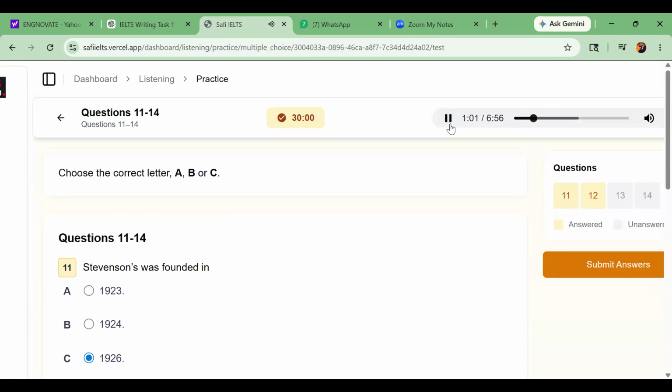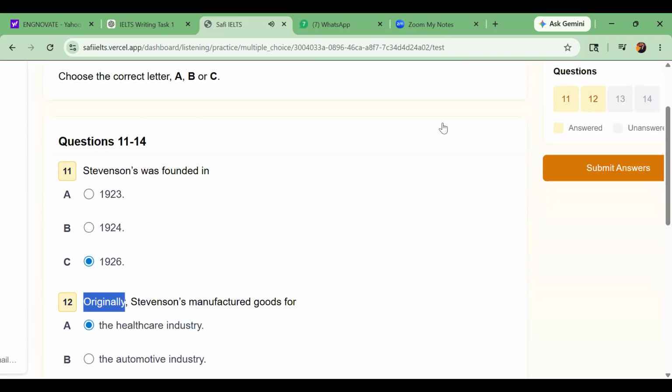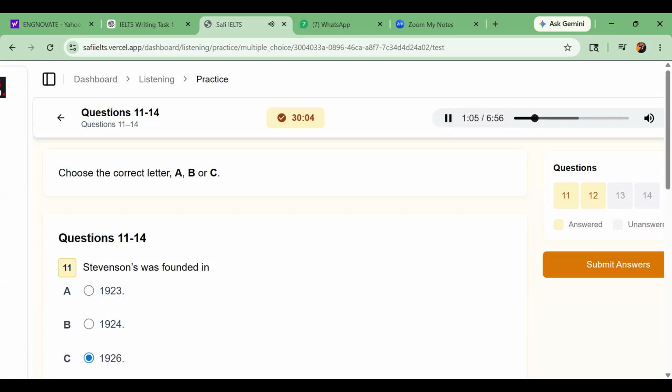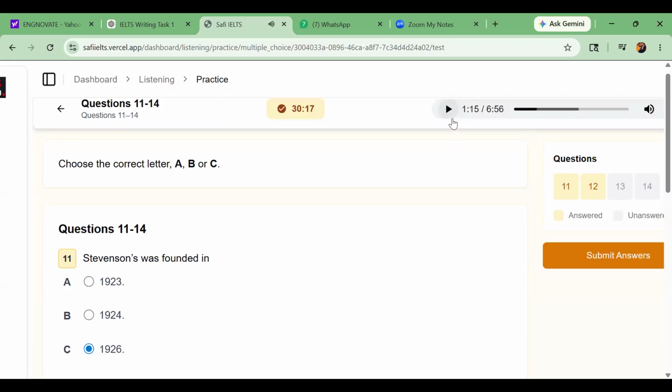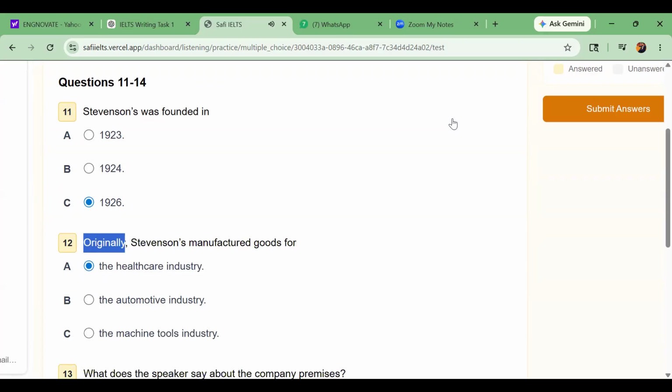My name is Julia Simmons, and since the beginning of this year, I've been the managing director. Stevenson was given the opportunity to make goods for me, like me, the founder, Ronald Stevenson, and went into the steel industry when he left school.